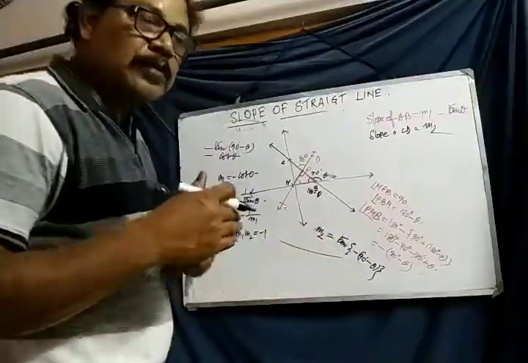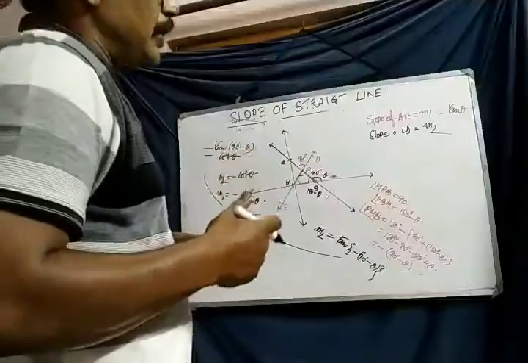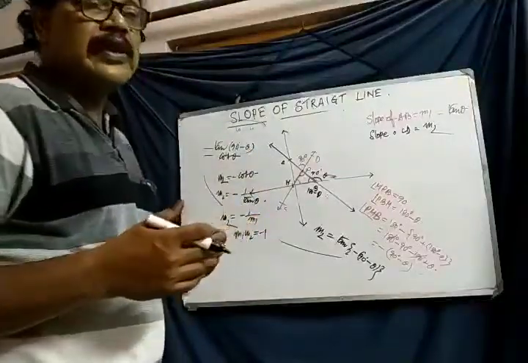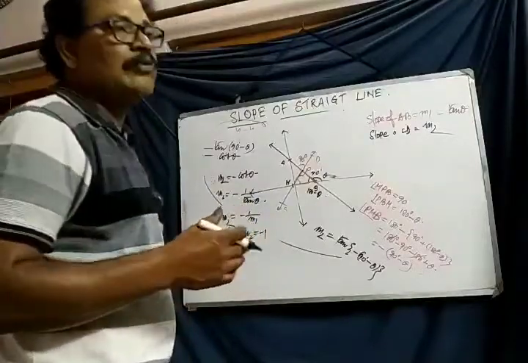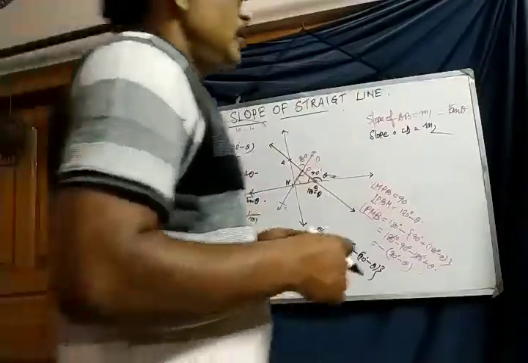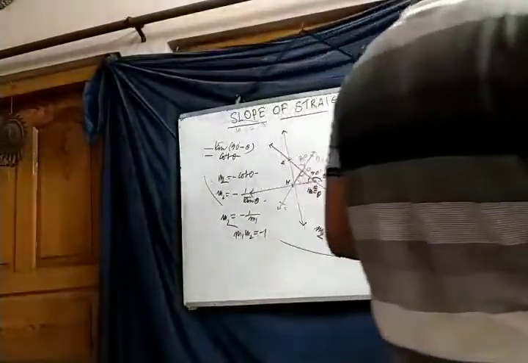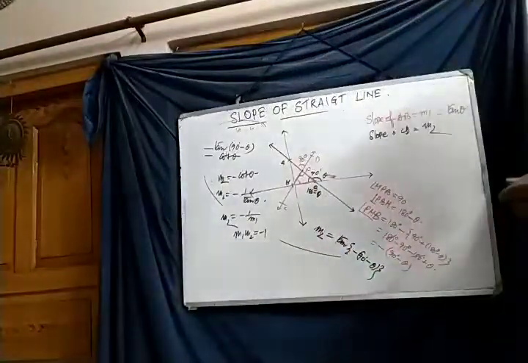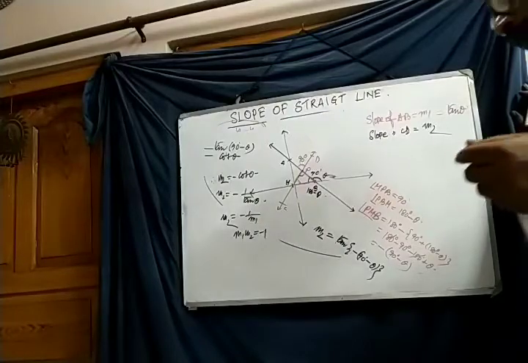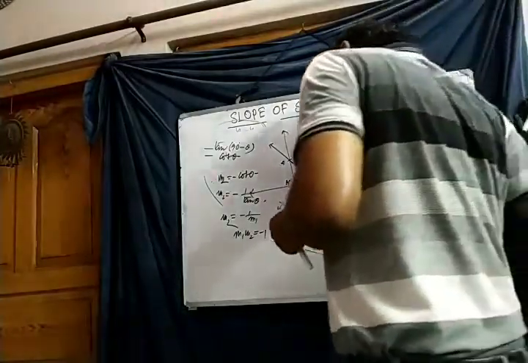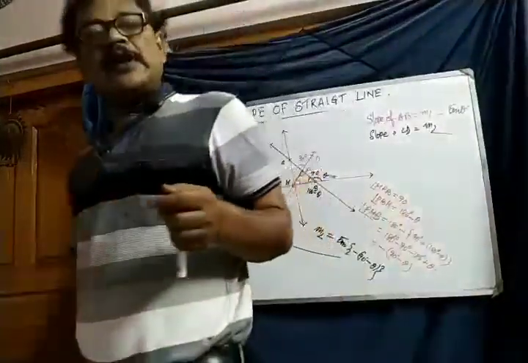Or if the product of the slopes of two straight lines is minus 1, then the straight lines are mutually perpendicular to each other. By using the formula of slope, we can find out the properties of parallelism and perpendicularity of two straight lines.